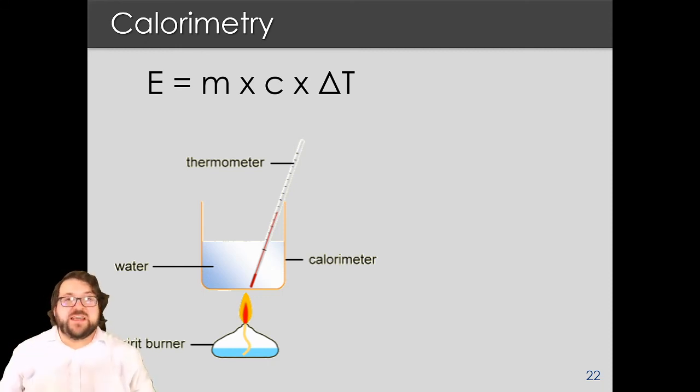But essentially, what it is going to be is that the change in energy is equal to the mass of water times the specific heat capacity times the change in temperature in there, and that will tell you the energy. This is a very easy calculation to do in a normal lab setting, and obviously the more precise your measurements, the better.